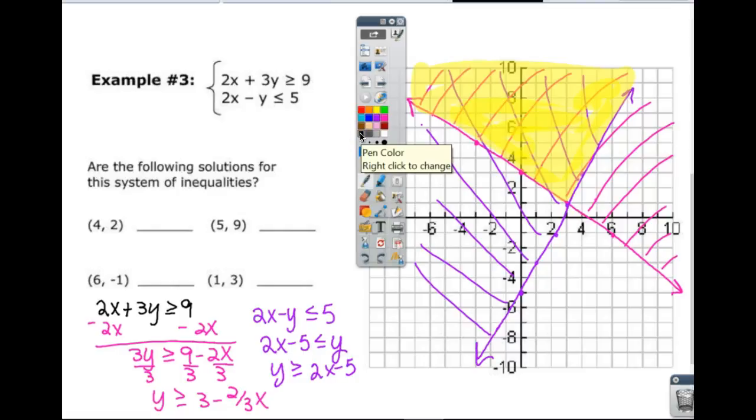So 4, 2. Is that on the line? Is it on yours? My line might be off. Is it on there or not? It is? So if it's on the line, it's solid, and that's a yes. 5, 9. Is yours not on the line?